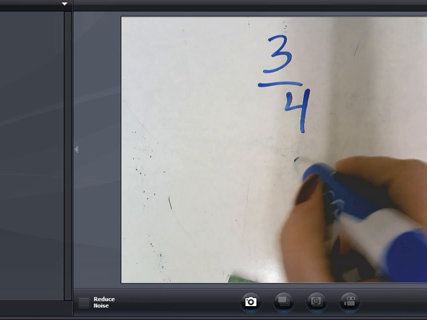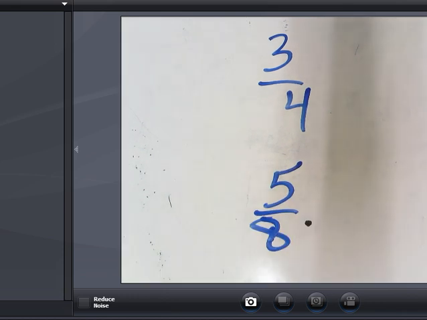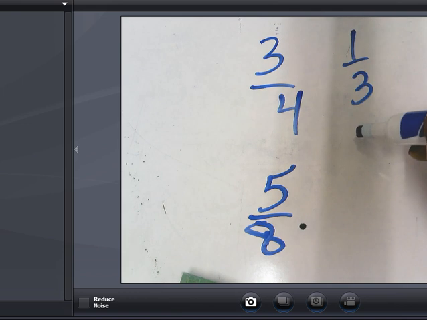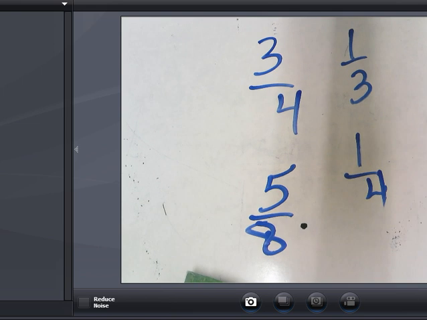Alright, I want you on your paper to do 3/4 and 5 8s, and find a common denominator for both of those two. Do 1/3 and 1/4.